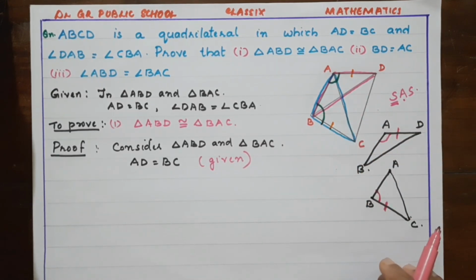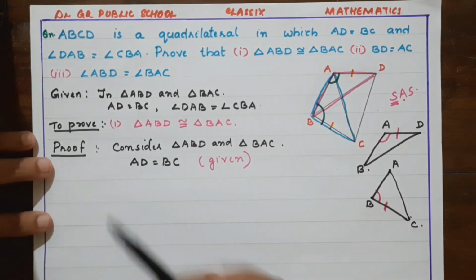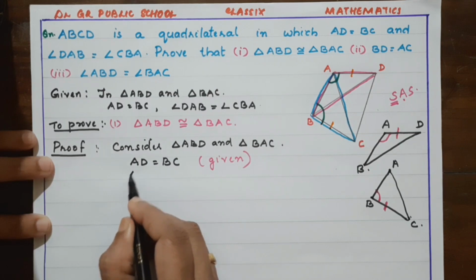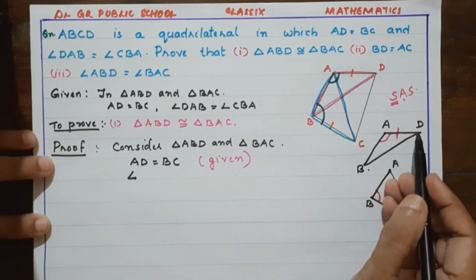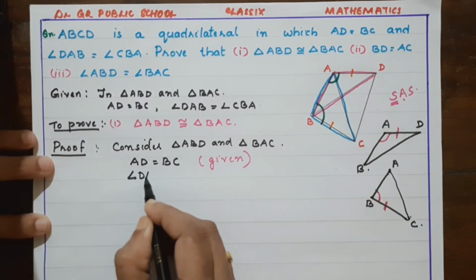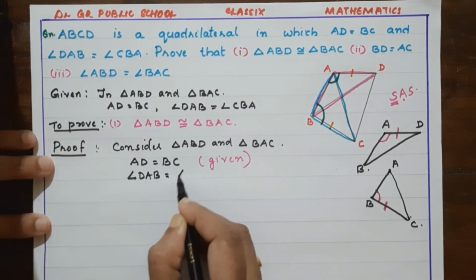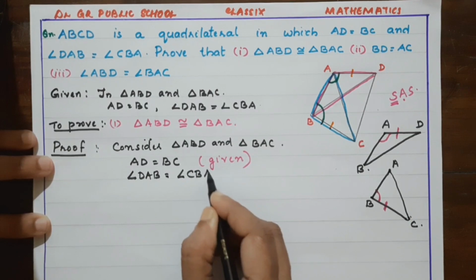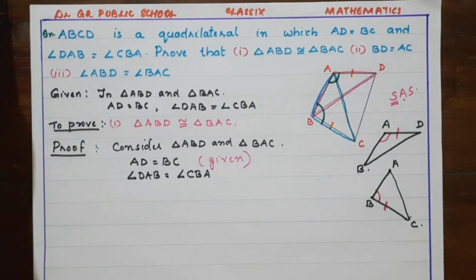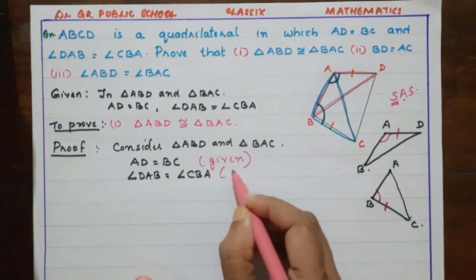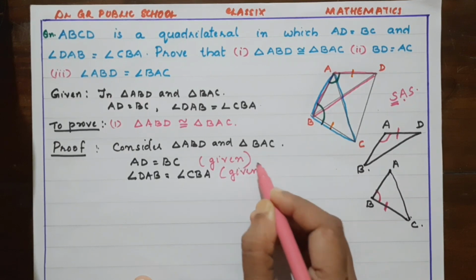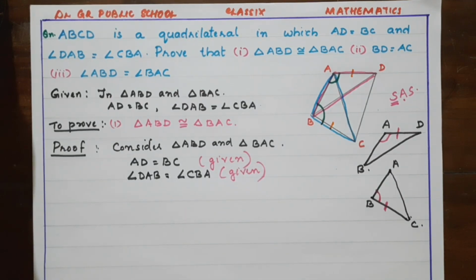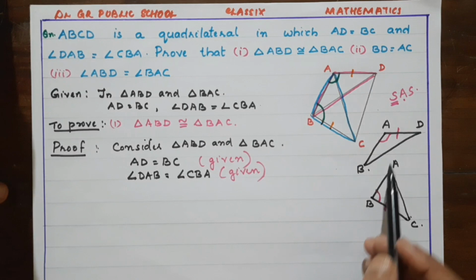Okay. So the second equality we can write: angle DAB equal to angle CBA. Reason: given, this equality is also given in the question. Then what did we get as the third equality?